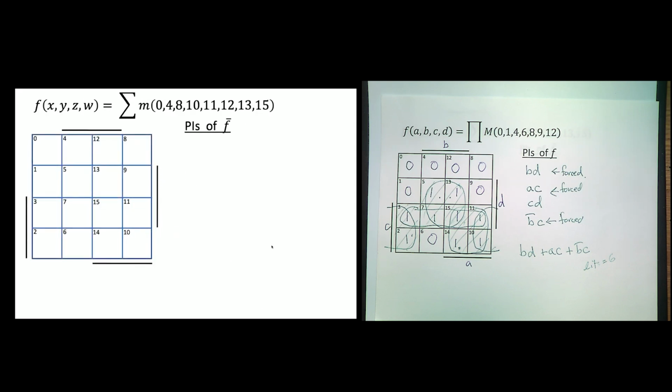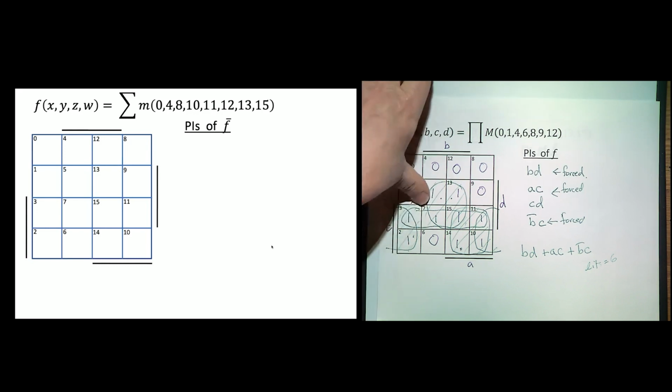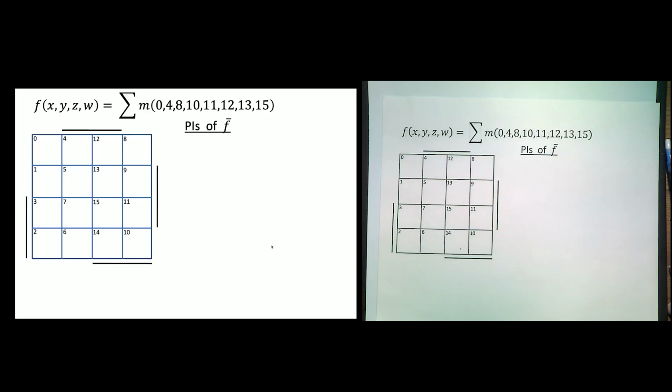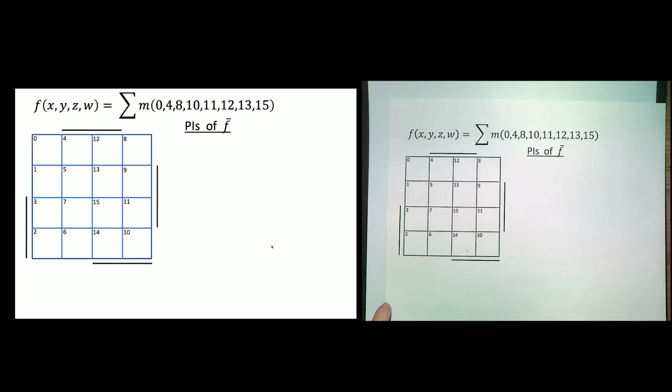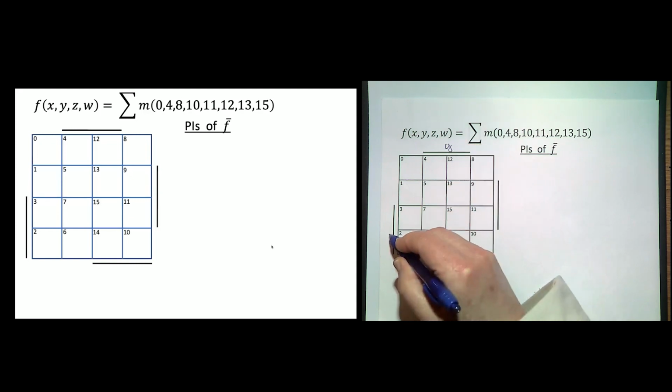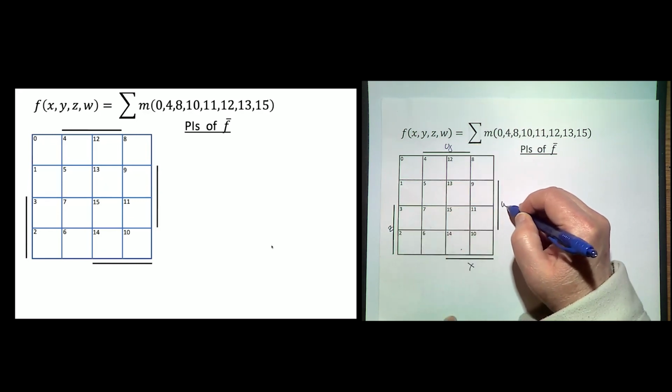So I guess we should do one of these. I think we did the sum of products for this one, right? Where do my ones go? Okay, x, y, z, w.